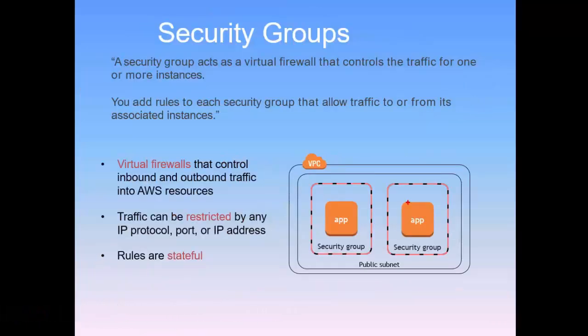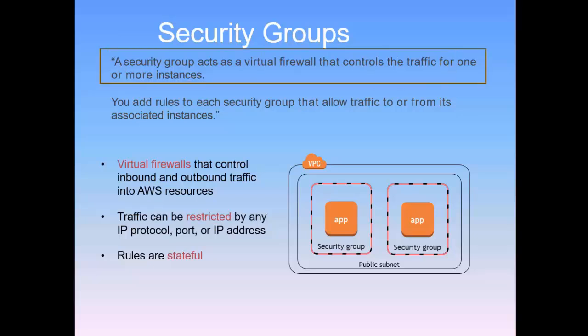So what is security group? It acts as a firewall that controls the traffic for one or more instances. Suppose you can see it's one subnet, a public subnet within the VPC. Whatever instances we create here, one security group works for that.